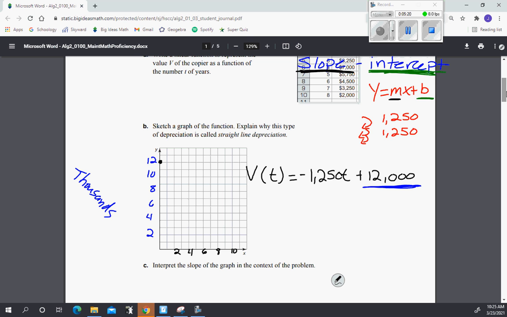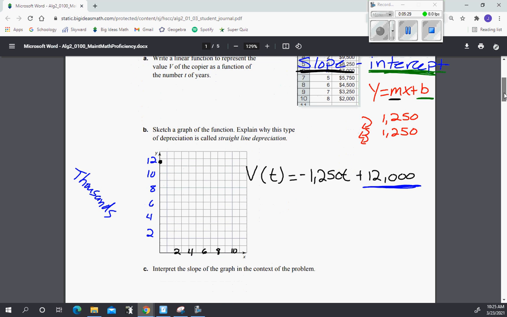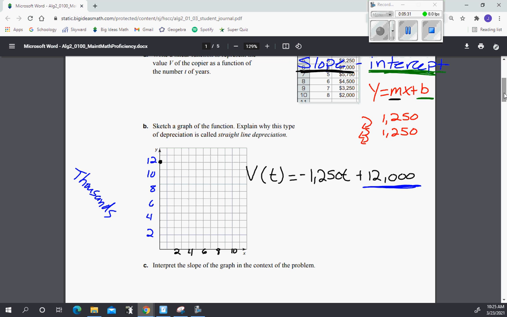This is my price. We can write what is the actual value. So we'll say value in years. And we have to go down 1,250 each year. So just as carefully as you can. Right there.